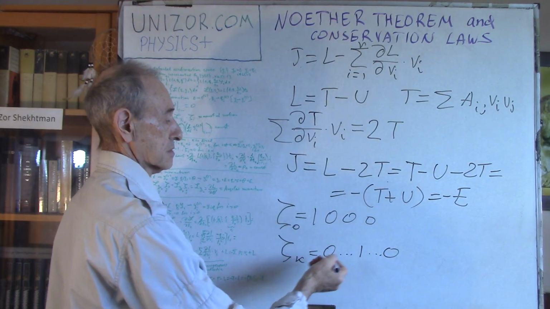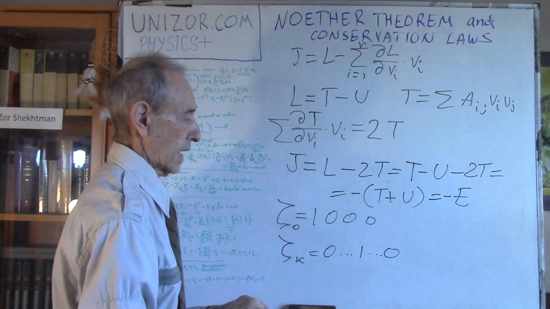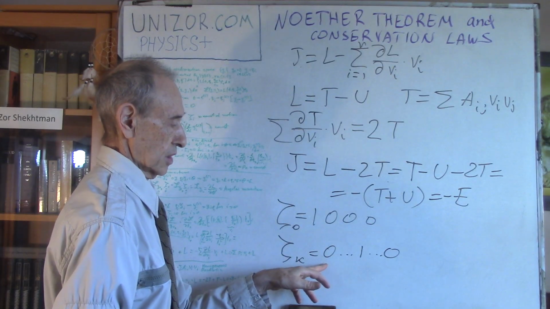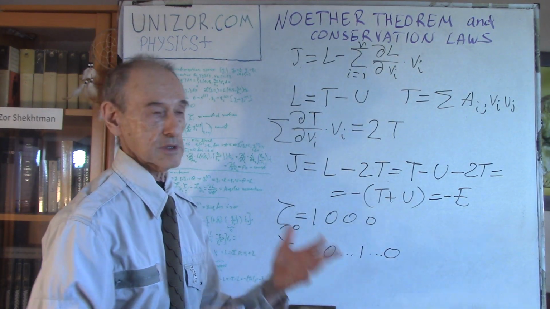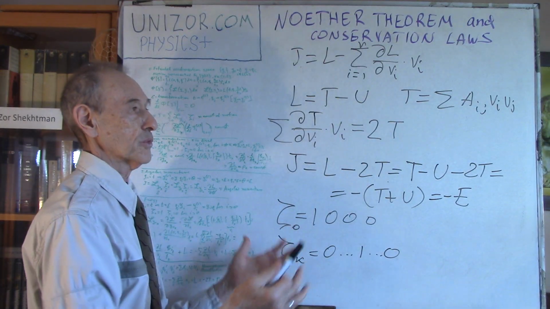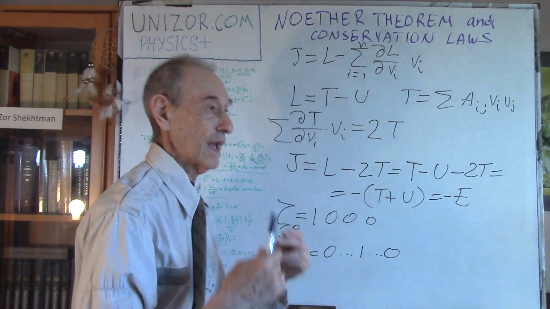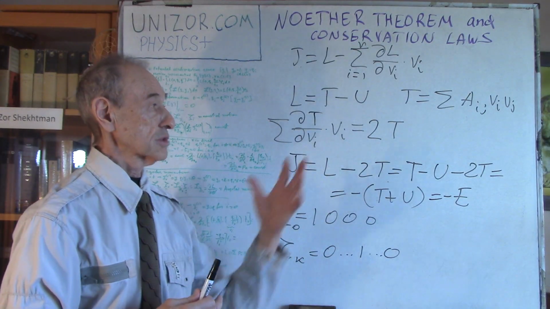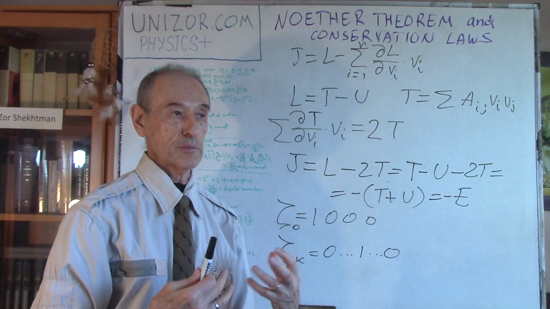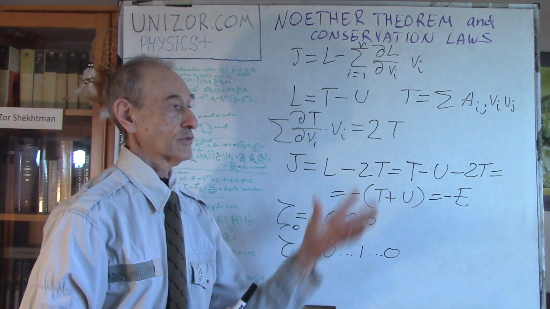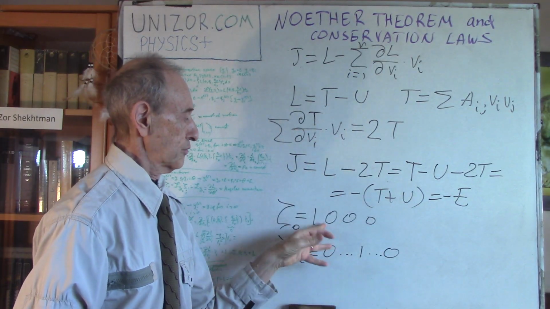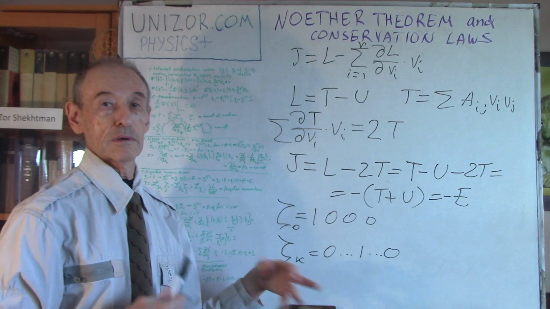And angular momentum is when only two coordinates, time and angle, are involved: the time generator is 0 and the angle generator is 1. So all these are just different cases of how the motion is done. The motion in time and the motion in space, if they are symmetrical in a way that preserves the action functional, then from the general Noether's theorem follow these particular cases of motion.